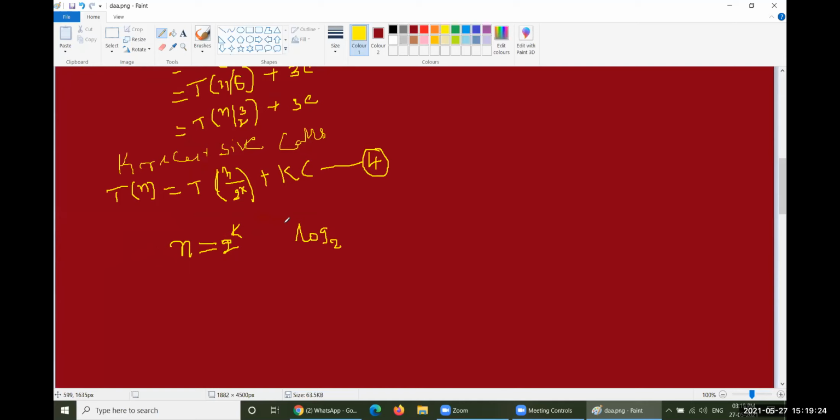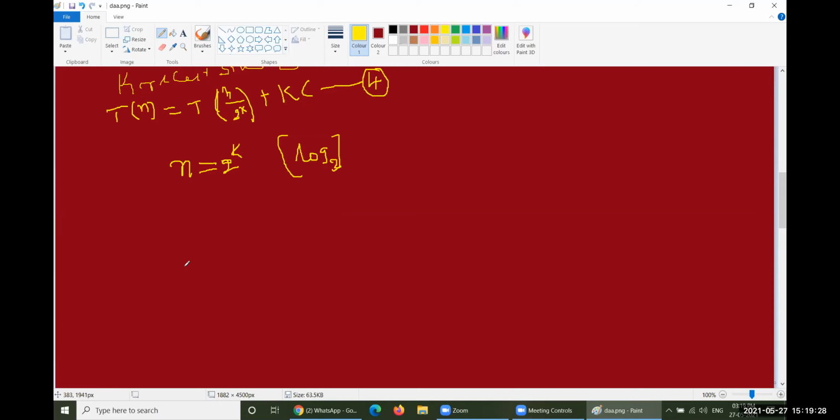If you apply log base 2 on both sides, it becomes something like this. Log base 2 of n will be equal to log base 2 of 2 power k.